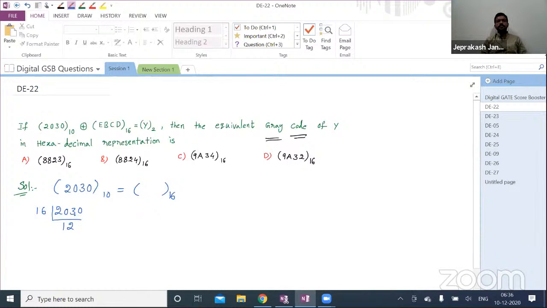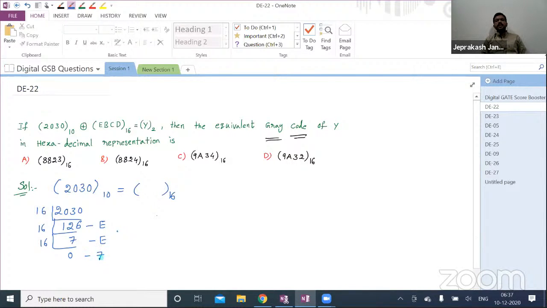Remainder you'll get 11. 110 means you can do the division with 16: 6 16s are 96. Remainder you will get 14, that is nothing but E. Next, 16 sevens, here also you will get remainder 14, that is nothing but E. 16 zeros are 0, remainder is 7.